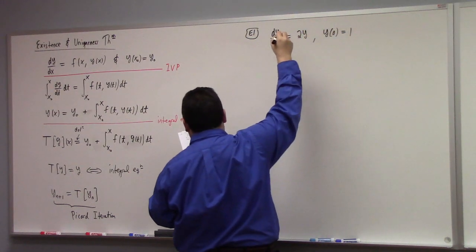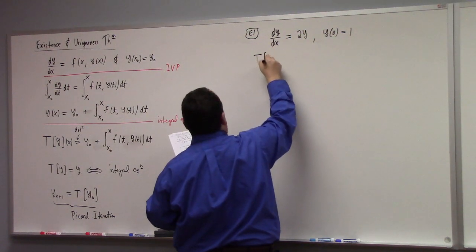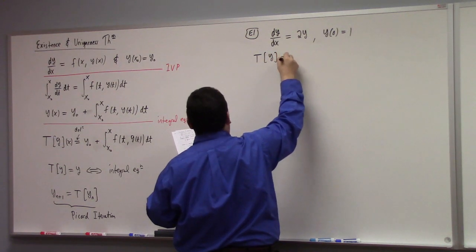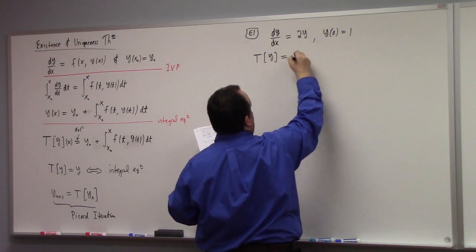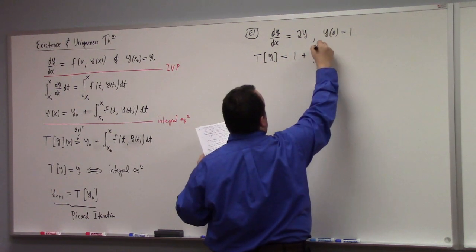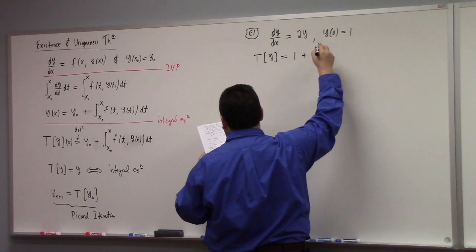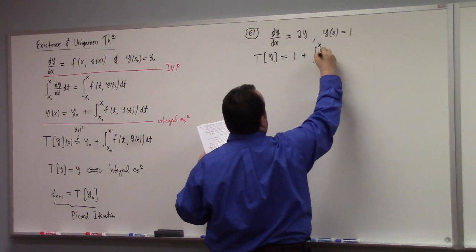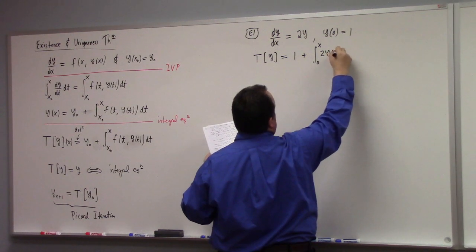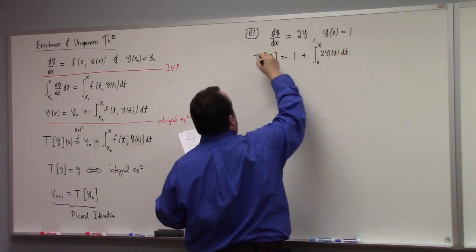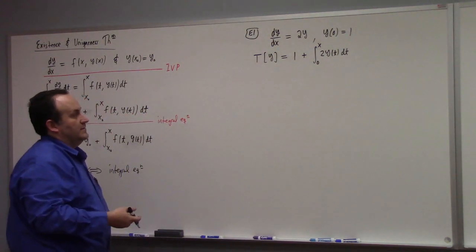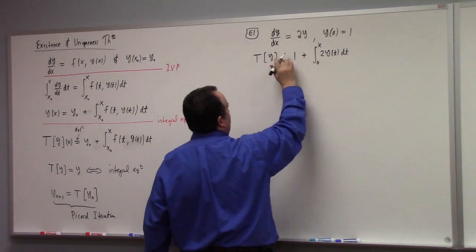So that makes my T of y equal to y0, which is 1, plus the integral from 0 to x of, well, here f is 2y, so 2y of t dt. Okay, great. So that defines, to be fussy, this is of x.